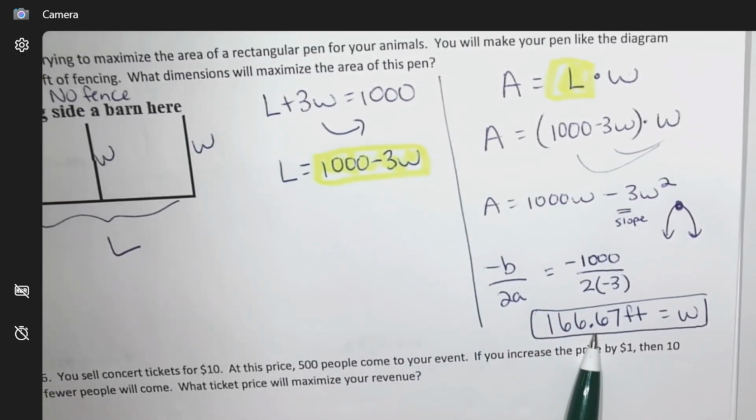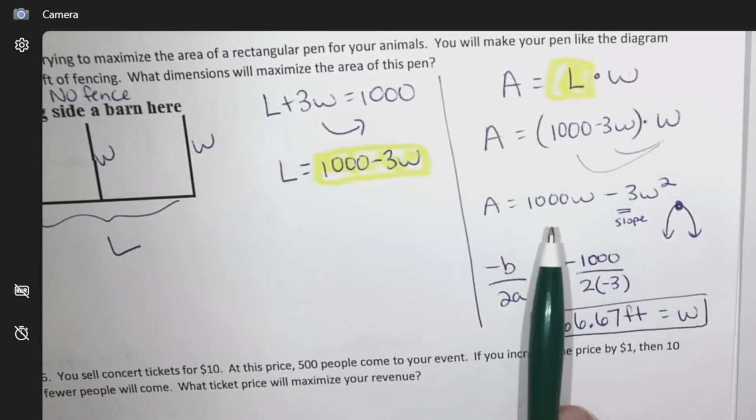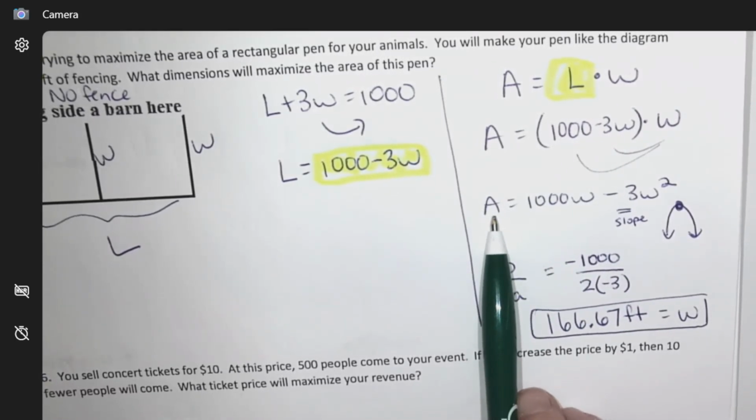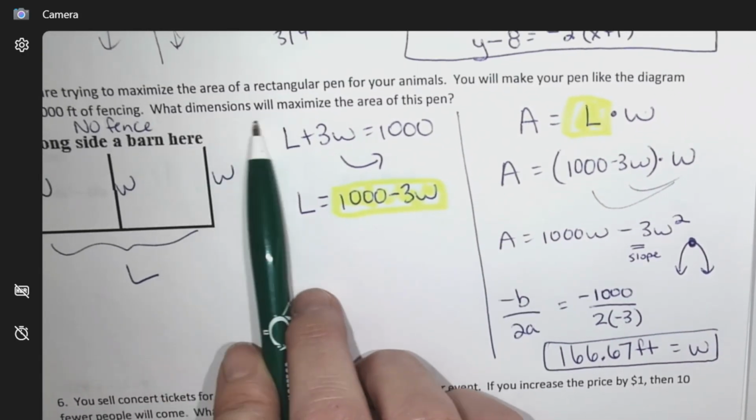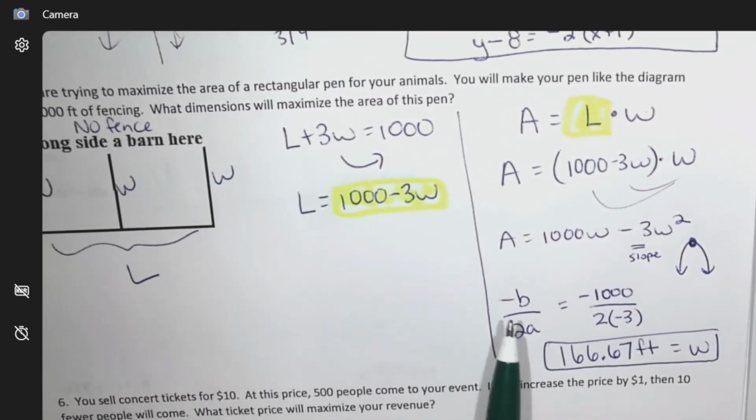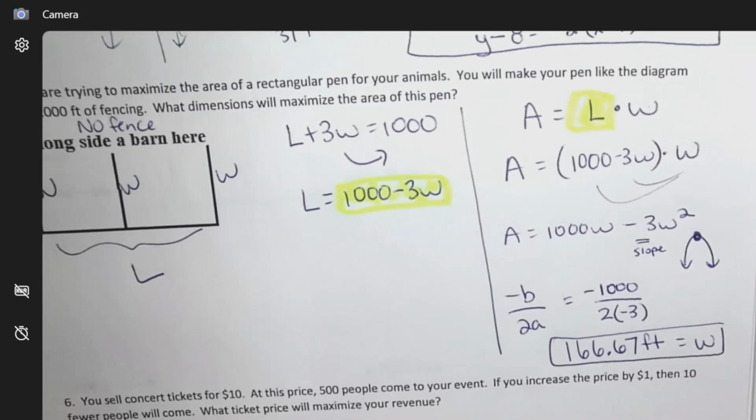Normally we would plug in the vertex, right? If I plug it in, it will give me the area. I actually don't care about the area in this question because it says what are the dimensions. So I would like to know L. So where else could I plug in?